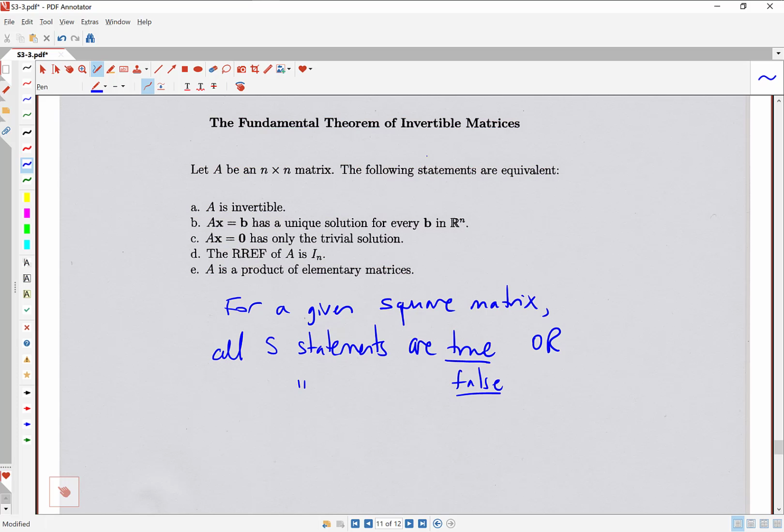This kind of theorem is really powerful because you're getting 5 pieces of information for the price of 1. If someone gives you a matrix, you just need to check any one of these statements, and then you automatically know the truth value of all 5 statements.